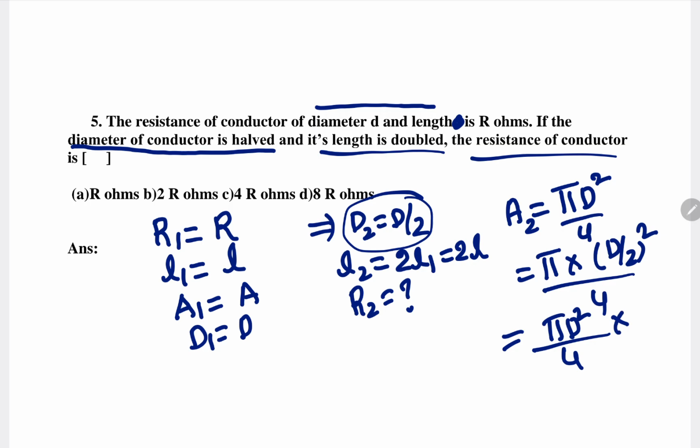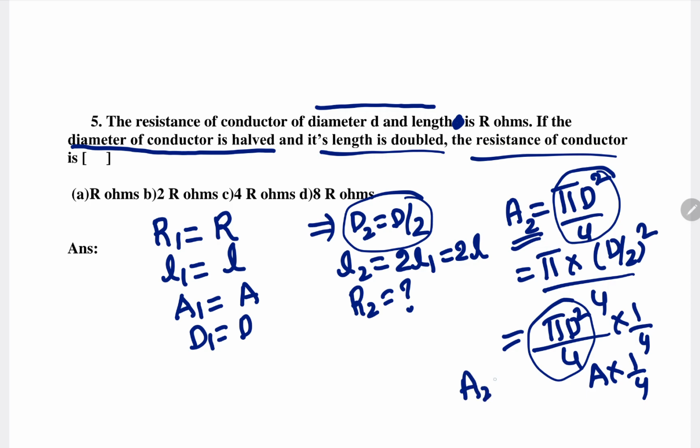Here one by 4 comes out, so pi d square by 4 is the initial area A, into 1 by 4. So A2 is equal to A by 4.